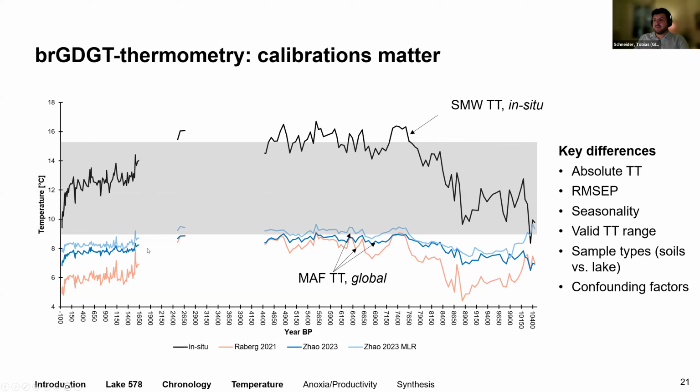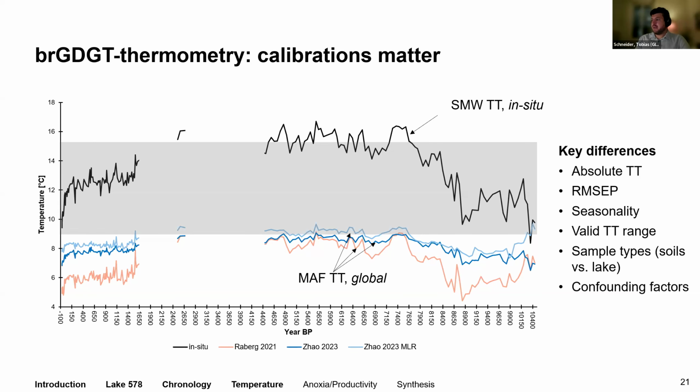And if you wonder about these two gaps here, these are not hiatuses in the sediments, but rather caused by COVID. There was a lab shutdown, and unfortunately the project ended during this time, so we could not finish these two sections. That's a simple, and unfortunately simple, explanation for these gaps.